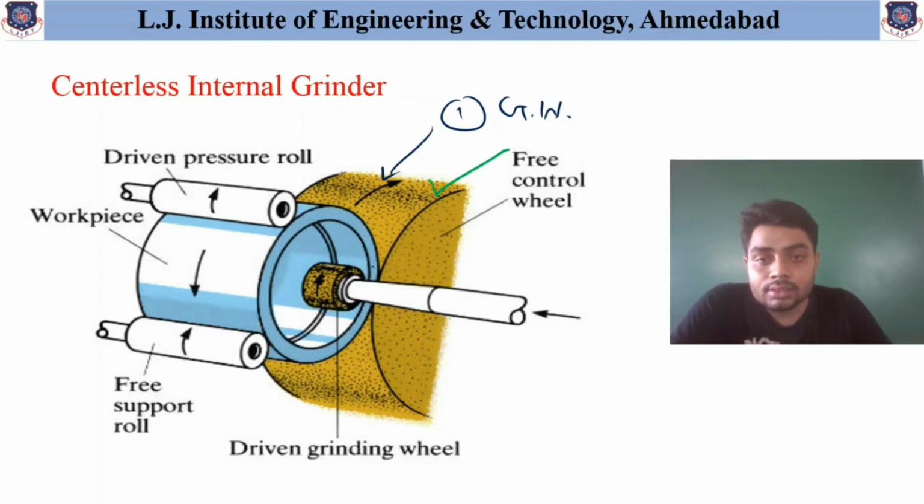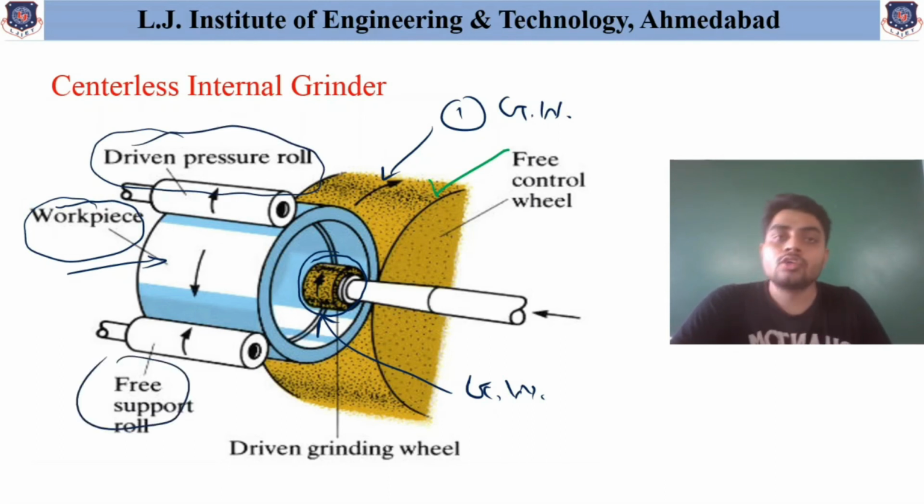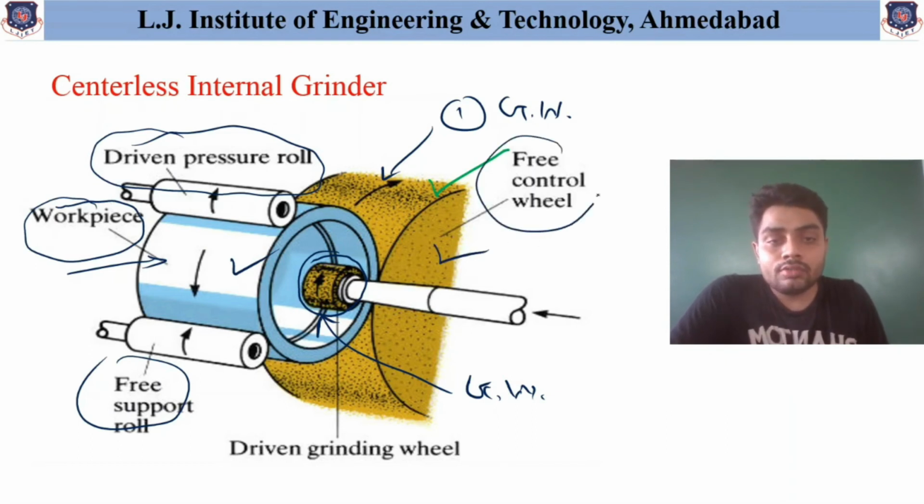The second one is the main internal portion, and this is also a grinding wheel. This is the workpiece shown over here, and two pressure rolls are provided, a driven pressure roll and a free support roll, which are used to hold this workpiece easily against the control wheel shown over here.